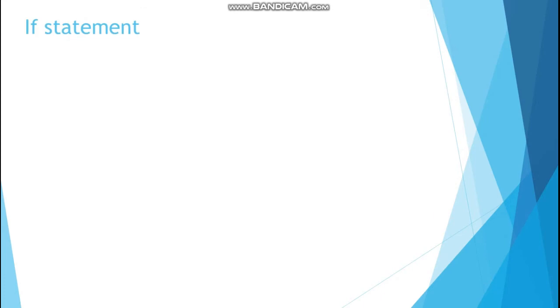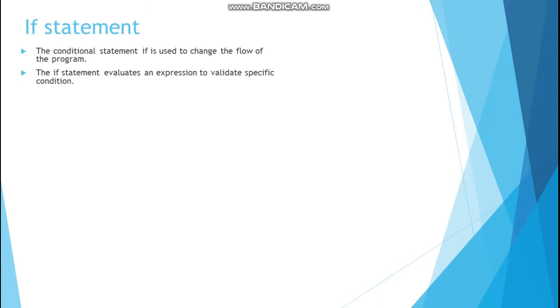Now, the popular if statement. The conditional statement if is used to change the flow of the program. The if statement evaluates an expression to validate a specific condition. If the condition is true, then the program enters the if block and executes the statements inside it.